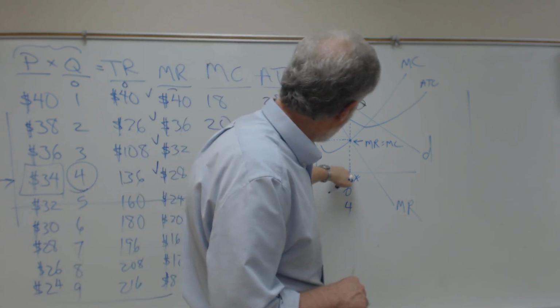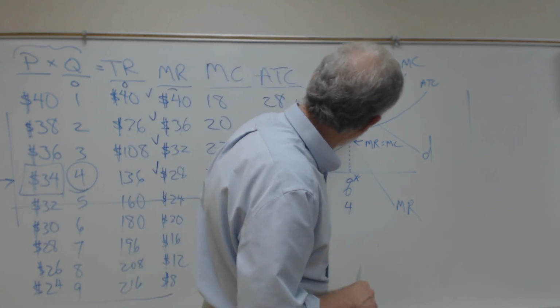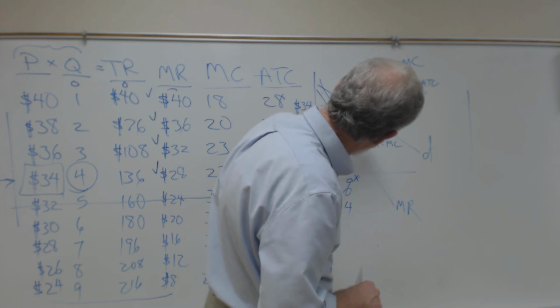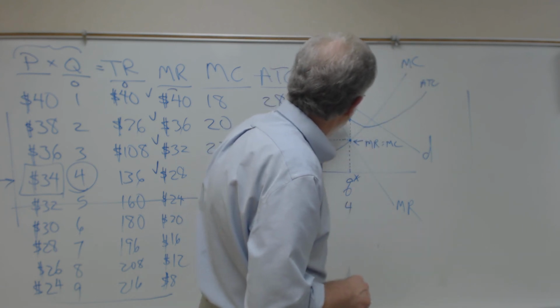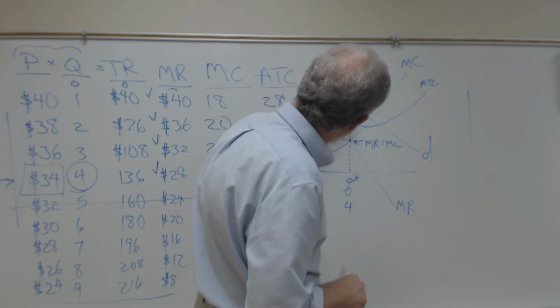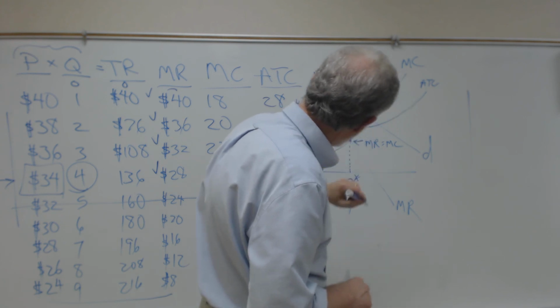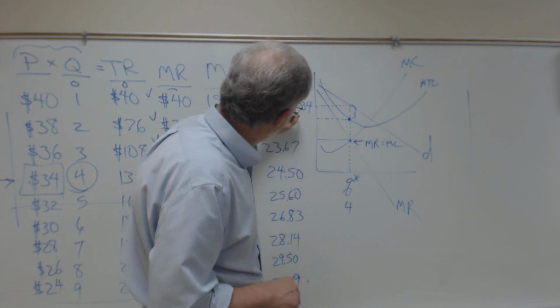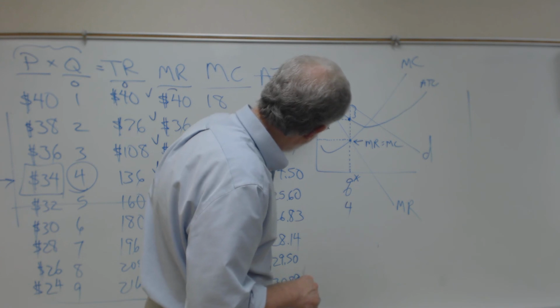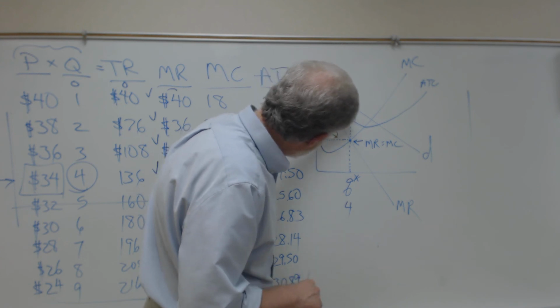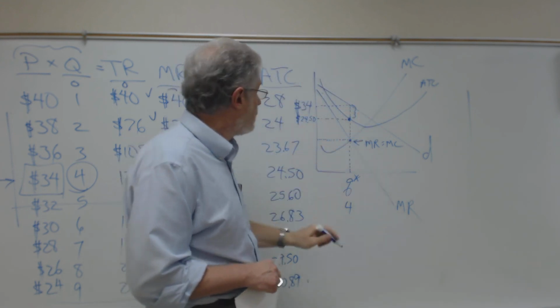So I've drawn it in that way. For 4 units, ATC is here. What does that gap there represent? It's 34 minus 24.50. So that's the per unit profit.